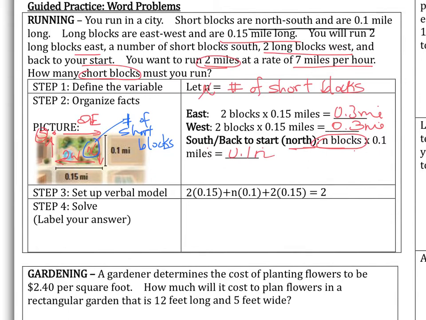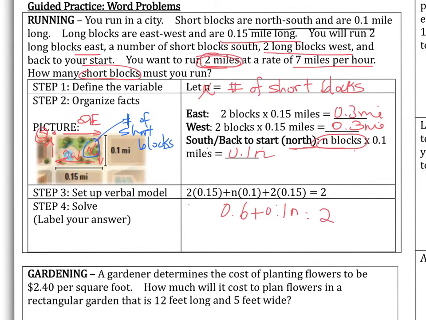And here we can set up a verbal model. Because you know that you're going to run 2 miles total, you can do 2 times 0.15 plus n times 0.1 plus 2 times 0.15, and when we simplify that, you can get 0.6 plus 0.1 n equal to 2.